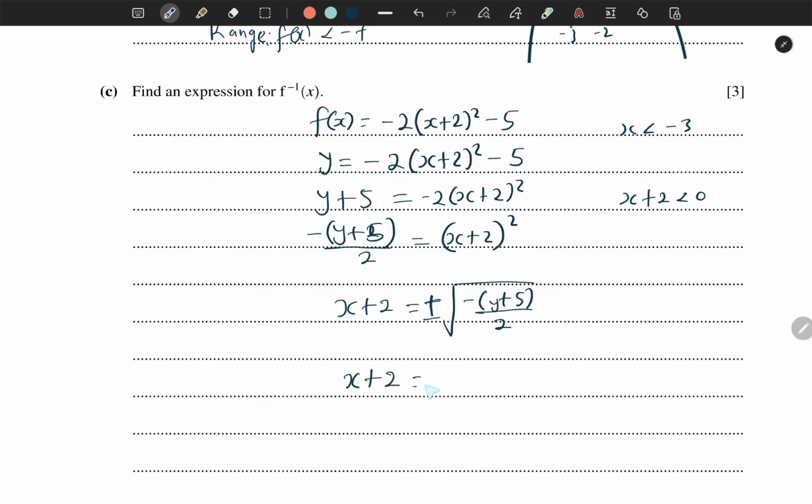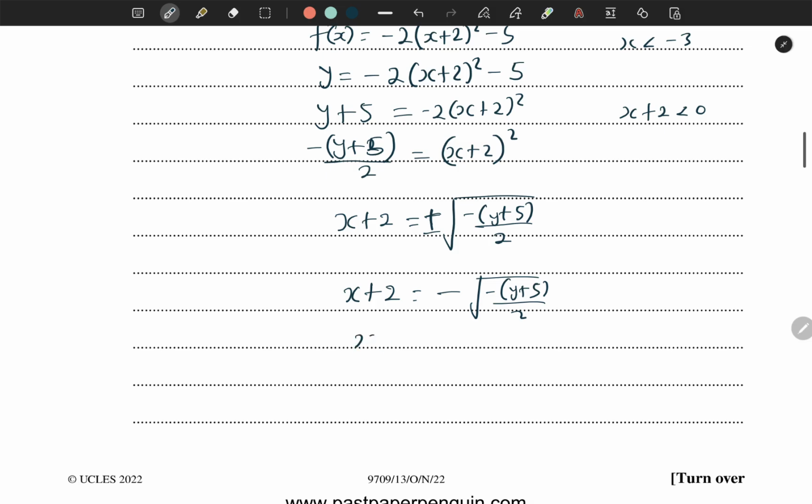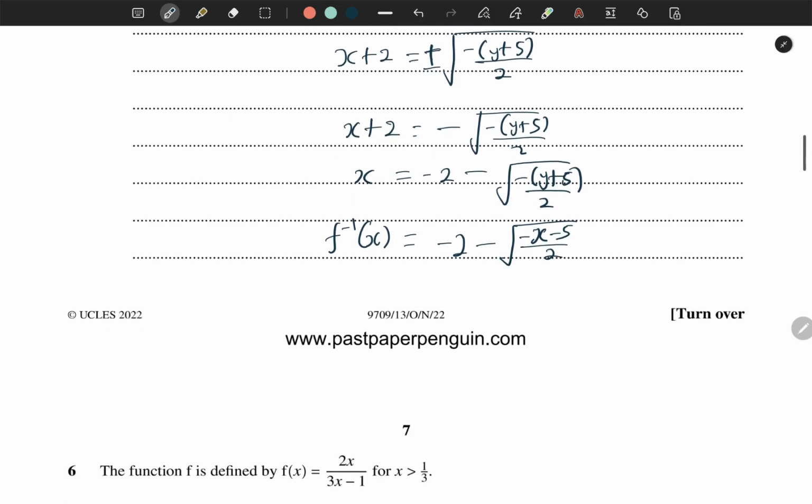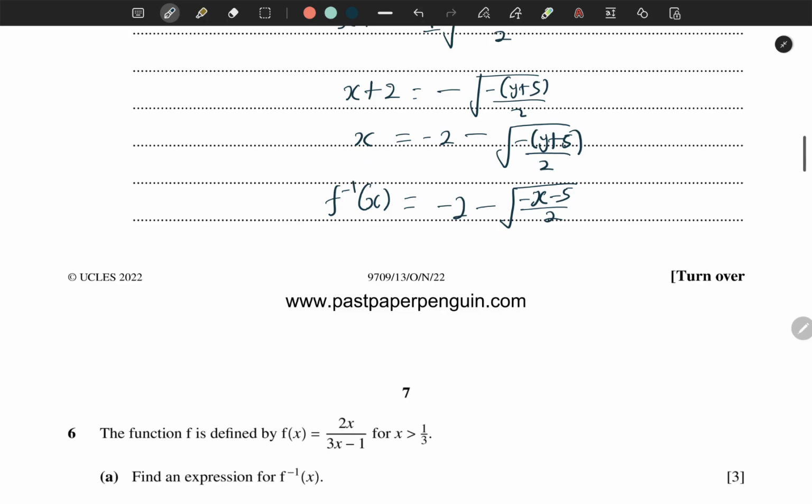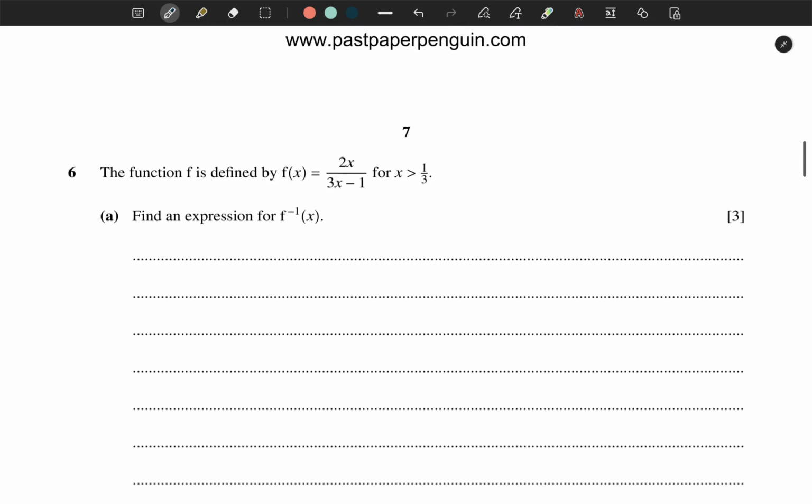So x plus 2 equals minus the square root of minus (y plus 5) over 2. So x equals minus 2 minus the square root of minus (y plus 5) divided by 2, which means f inverse of x is minus 2 minus the square root of minus (x plus 5) divided by 2, and that is the solution to the given question.